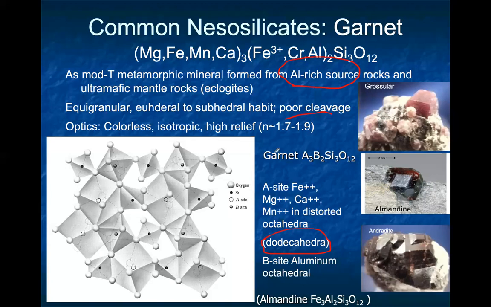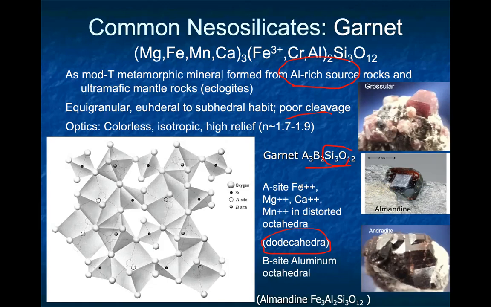So anyway, this common formula you can consider as A3B2Si3O12. When this common silicate composition comes up, you can recognize that it is garnet. Okay, so this A and B can be replaced by many cations. As I said, this has a complex chemistry.